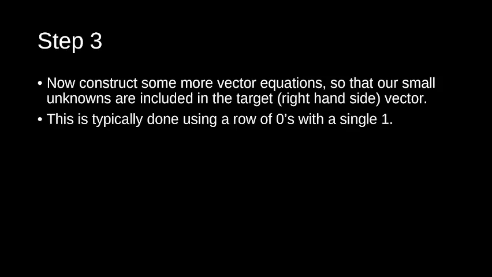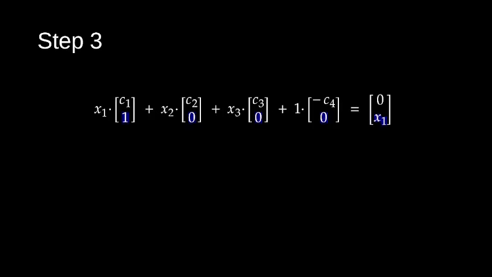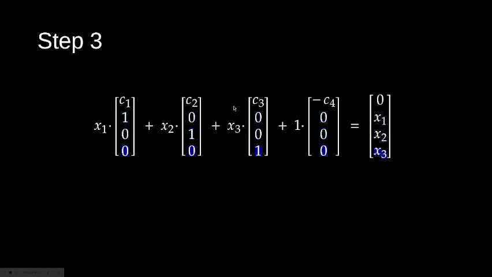This is typically done using a row of zeros with a single one. So here we have a row of zeros except for a 1 here. So that'll give you x1 times 1 plus 0 plus 0 plus 0, which is x1. And then you do a similar process for x2 and x3, like so.